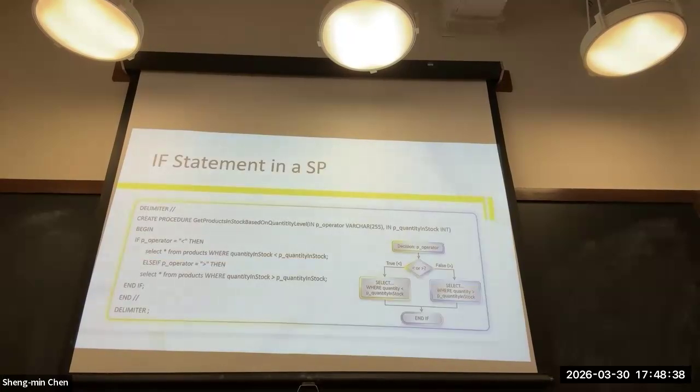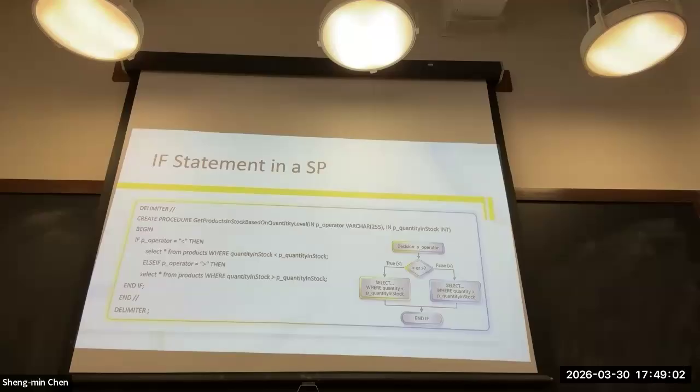Okay, this is a statement that we actually talked about last week, but let's just once again do an exercise to look at the syntax again. So over here, create procedure, as we know, get products in stock based on quantity level, and then it takes in two input parameters, one of which is varchar, and the other one is quantity.